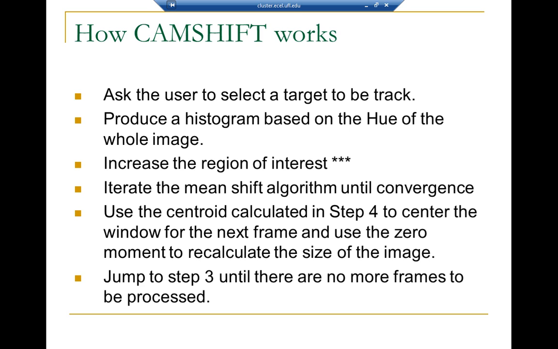In my algorithm, it converges when it reaches 1 pixel error. Then it uses the calculation to produce a new size of the window, and then it jumps to step 4 to keep calculating the next frame until the video is over.